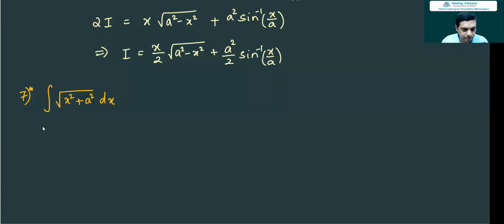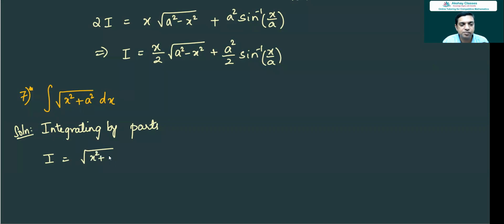So integrating by parts, this is the solution. So taking 1 as the second function. So integral of the second is x minus integral of derivative of the first times integral of the second.